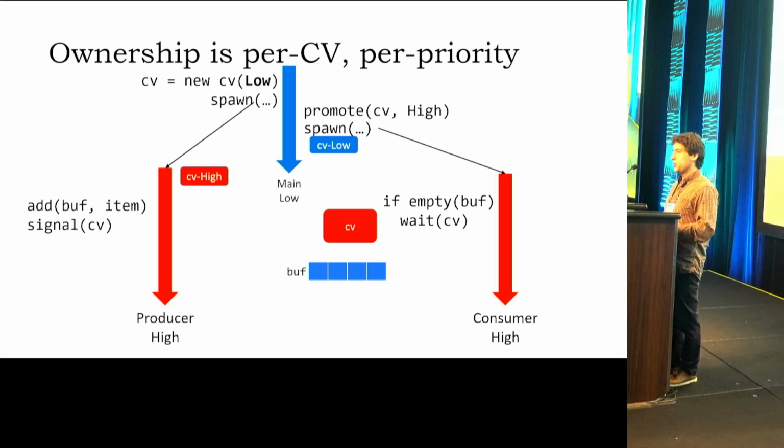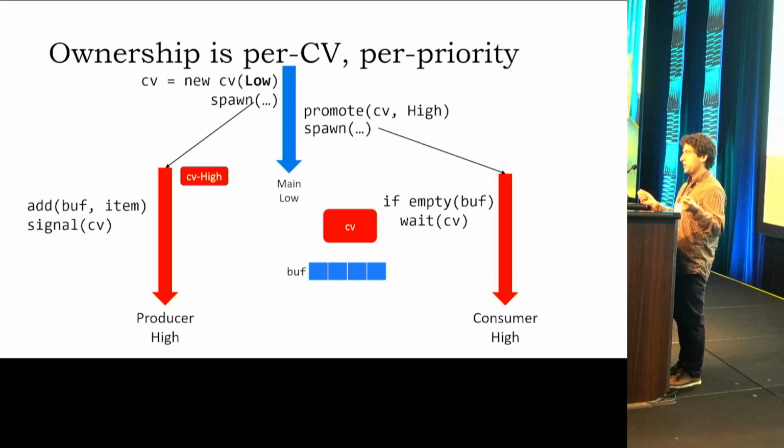So in order to do that promotion, the low priority main thread has to actually have the ownership at low so that when it does that promotion, it can throw that ownership away because that should no longer exist. So by separating this ownership into priority levels and distributing it to the threads that need it to signal and promote, we are now able to safely promote threads, condition variables that other threads may be using.